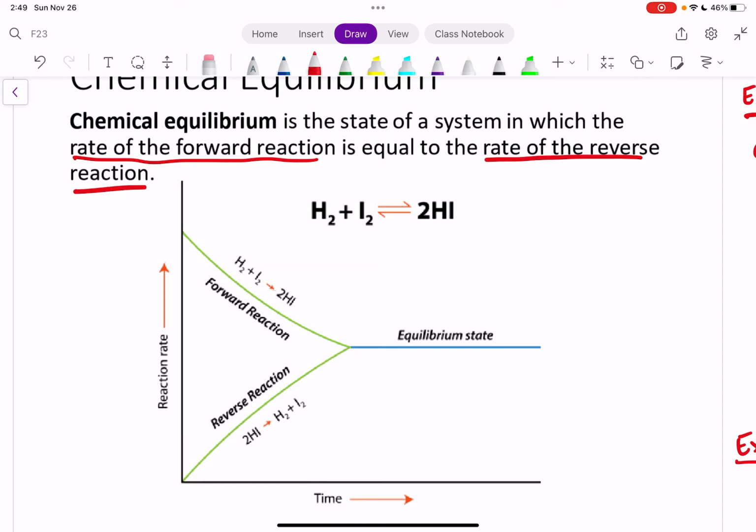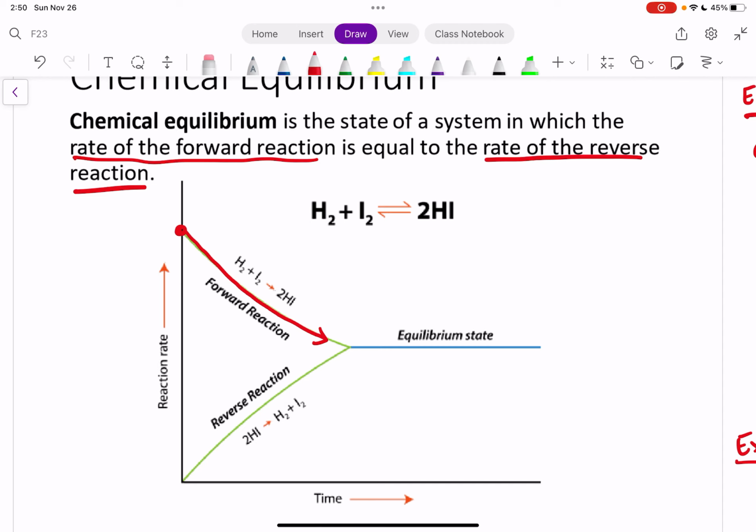And as we are reacting from our forward reaction, you'll notice that we start off with a really high reaction rate. And as we go down this curve over time, as we go right on the x-axis, our reaction rate is slowing.